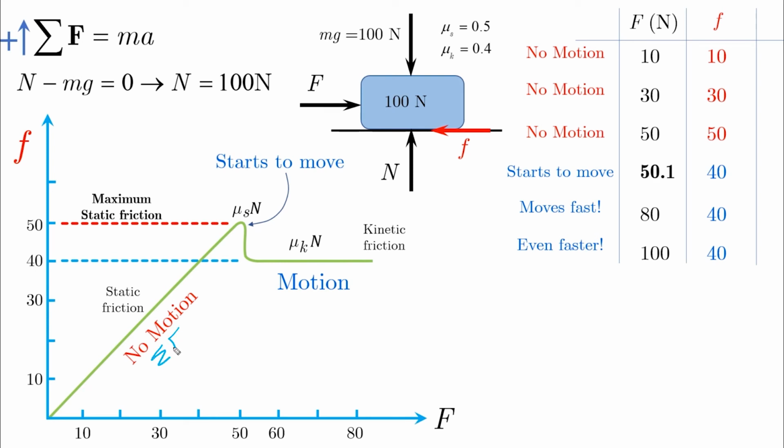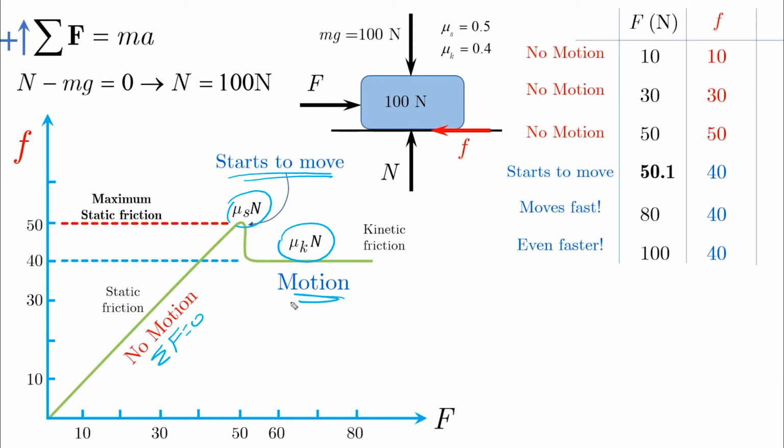If the block starts to move, which is our second situation, the friction force is known. It is equal to the maximum static friction, which is mu s times N. And in the third situation, when the system is moving with an acceleration, for example, then the kinetic friction is applied, which is mu k times N.